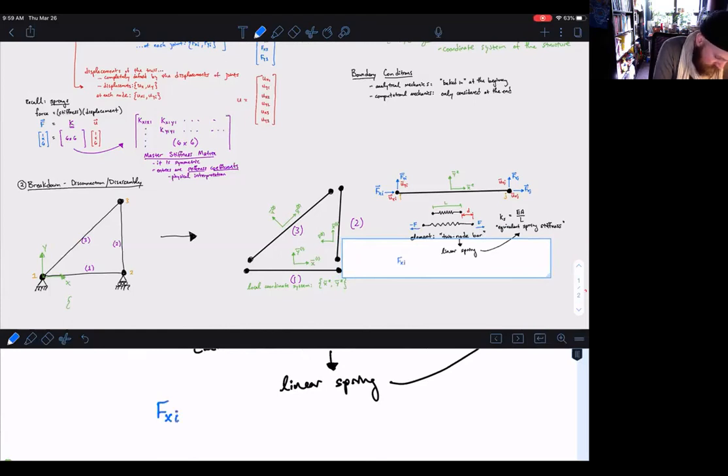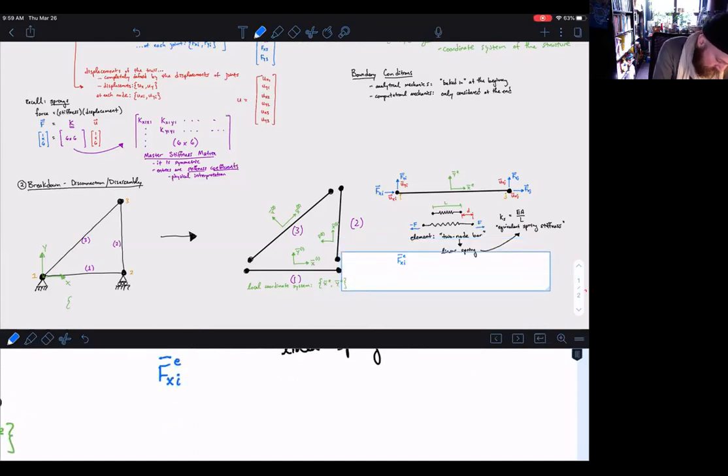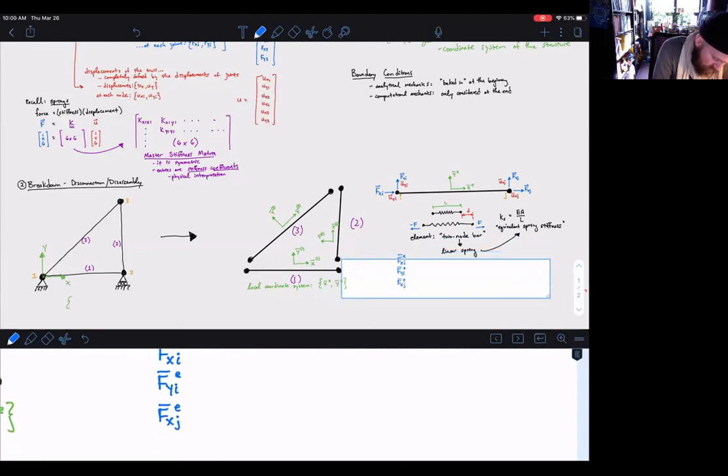Fxi for the element, and I'm writing this with a bar here to denote that this force is living in the local coordinate system. There'll be an Fyi, there'll be an Fxj, and an Fyj.